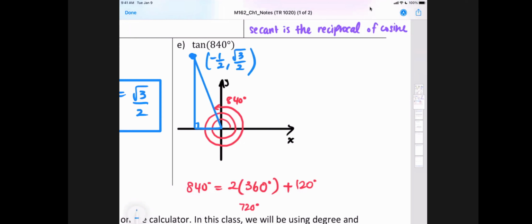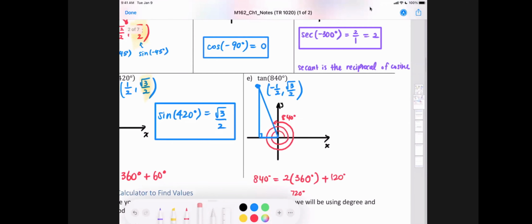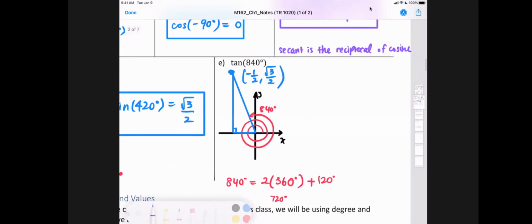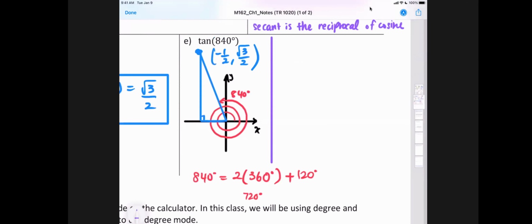So now we have to take the tangent. The definition of the tangent is your y coordinate divided by the x coordinate. So tangent of 840 degrees is y divided by x. We take our y coordinate, root 3 over 2, divided by our x coordinate, negative 1/2.